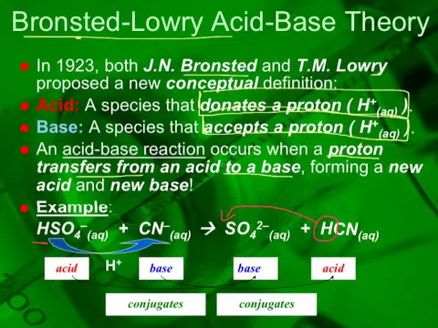We call this the conjugate base because it is the opposite base of an acid. Conversely, in our forward reaction, the base now becomes the conjugate acid. So it's important to remember, in our forward reaction, an acid becomes a conjugate base, and the base becomes a conjugate acid.